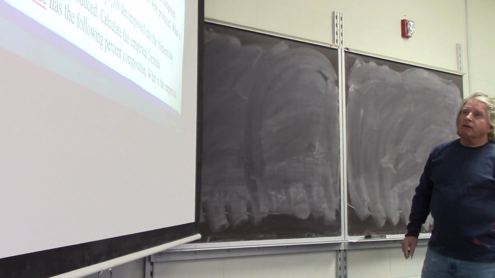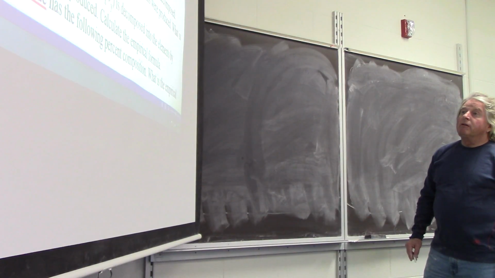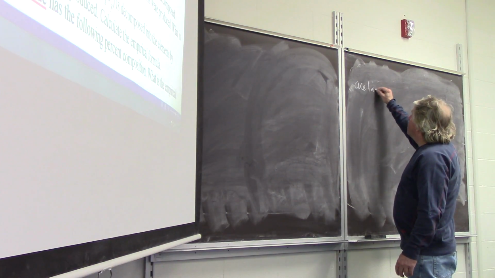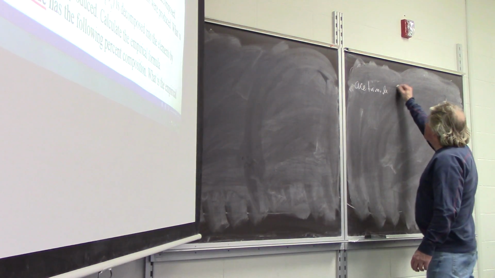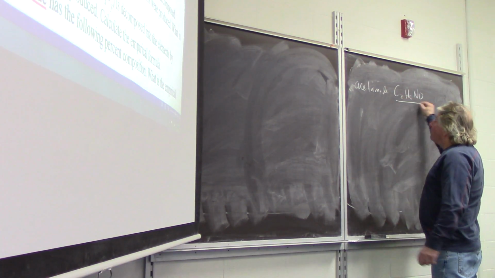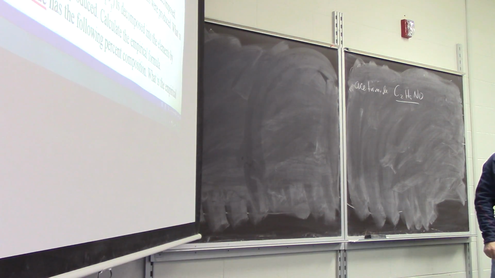Okay, number 13. Calculate the mass percent of carbon, hydrogen, nitrogen, and oxygen in acetamide. Acetamide is C2H5NO, and what I want to do is find the percent composition of each element.